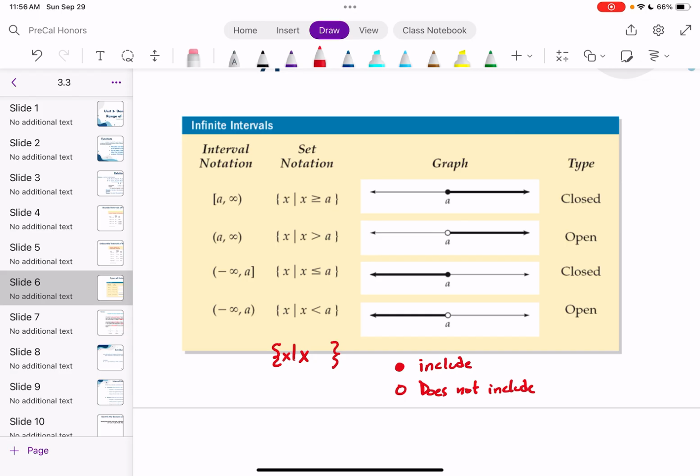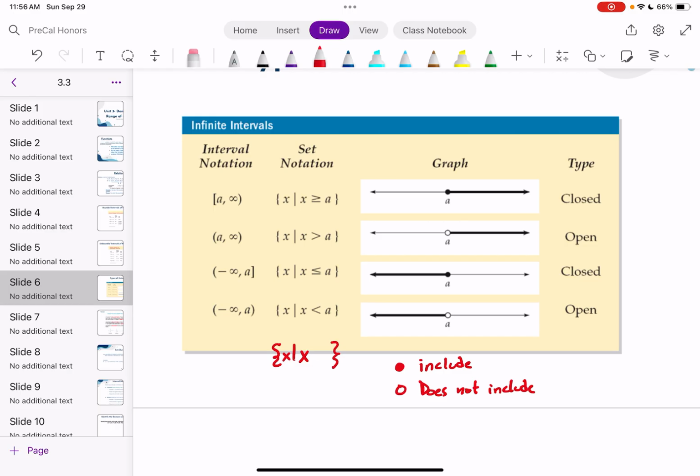So let's take a look at our first and second example. Our first example is a closed type. Notice our circle is enclosed, meaning we will include the A within that graph. Let's go ahead and take a look at example 2.